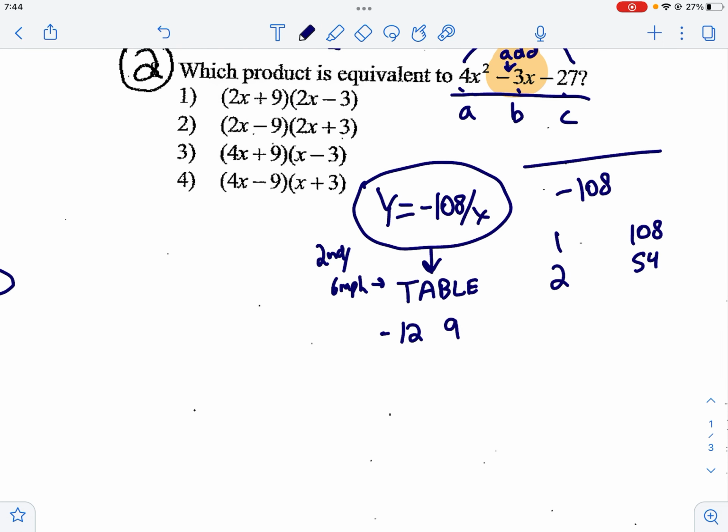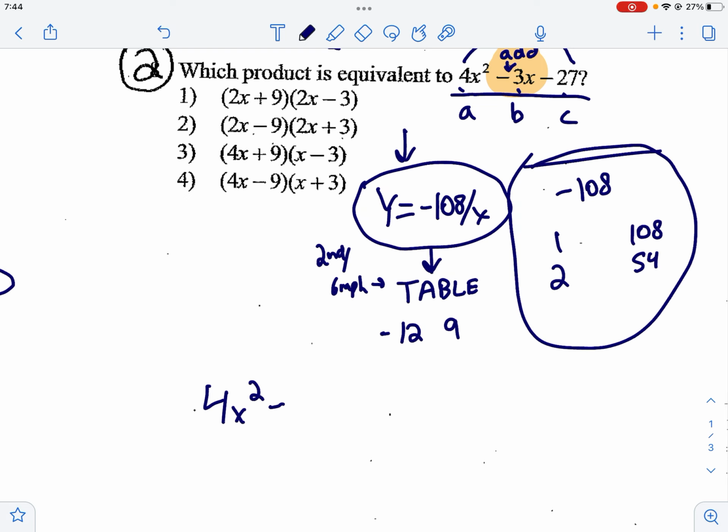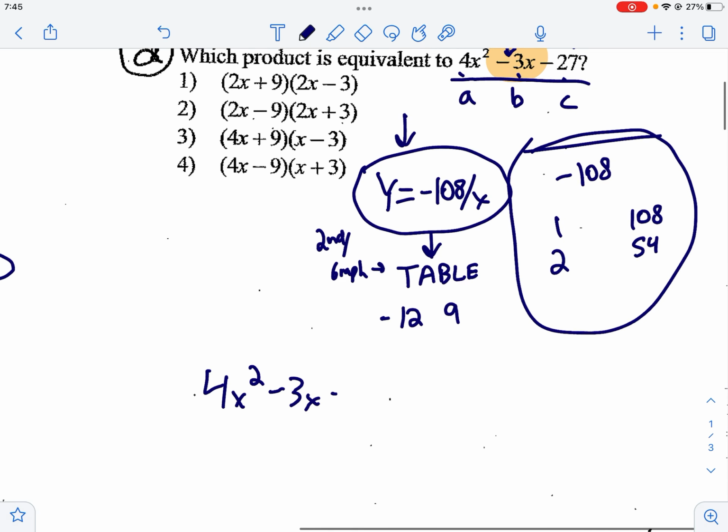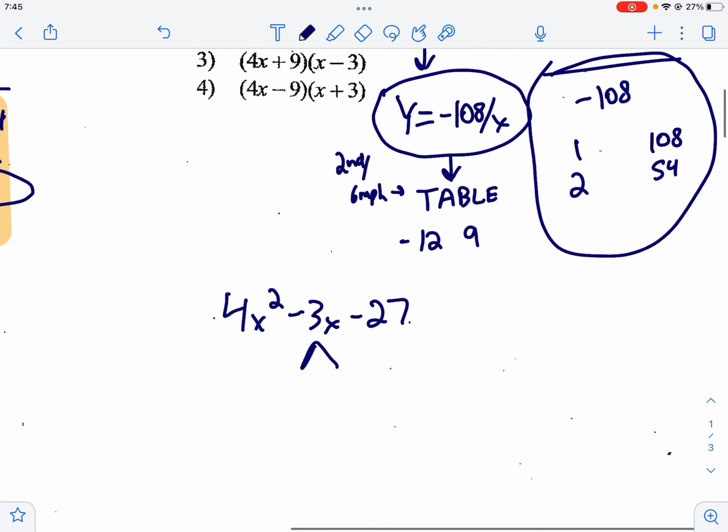So either way, whether you use the factoring method over here, writing out all the factors, or if you use the graphing calculator method, once we figure out those two factors that multiply to negative 108 and add to negative 3 are negative 12 and positive 9, we can split our middle term into negative 12x and positive 9x.